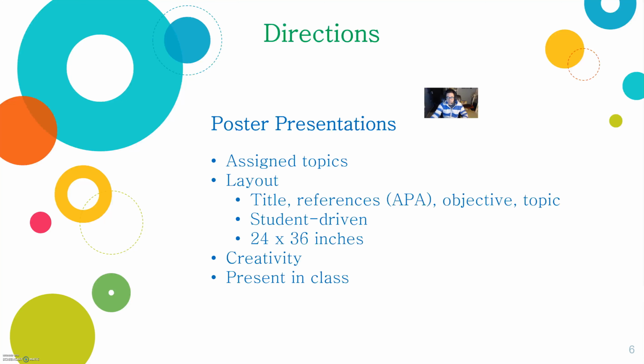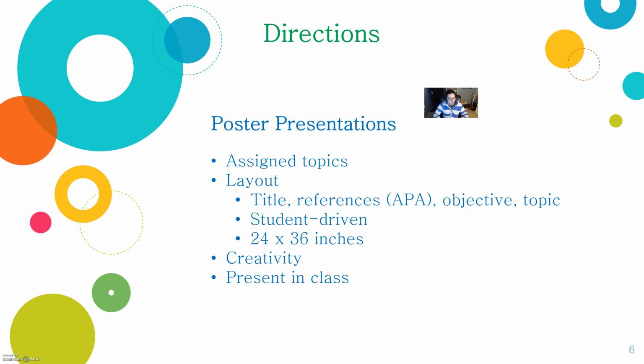And then the poster presentation. So each person will be assigned a topic and I actually formulated a little paragraph on how the instructions would read. So it would be, in this assignment, you will create a poster based on the topic provided by the instructor. The poster must cover all aspects of the provided topic covered in class in relation to the objective. The poster size requirement is 24 inches by 36 inches.